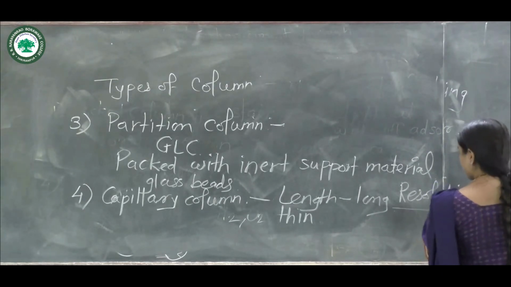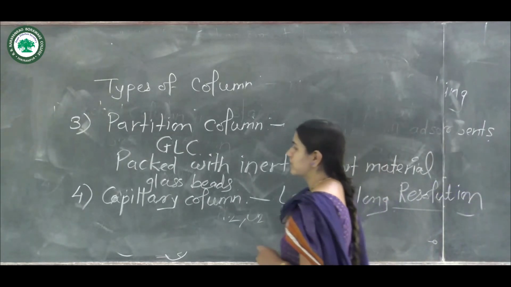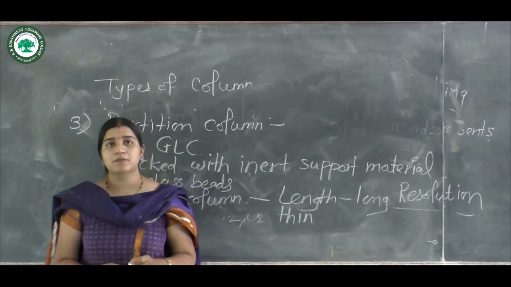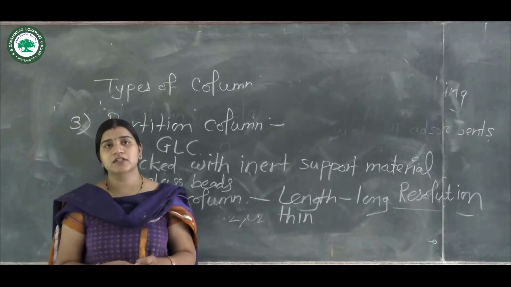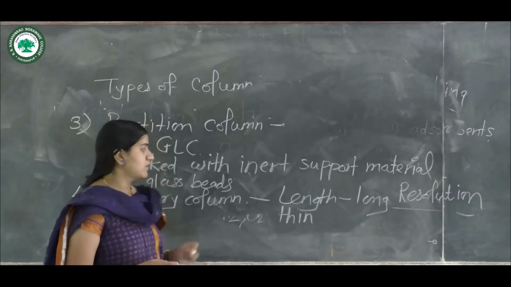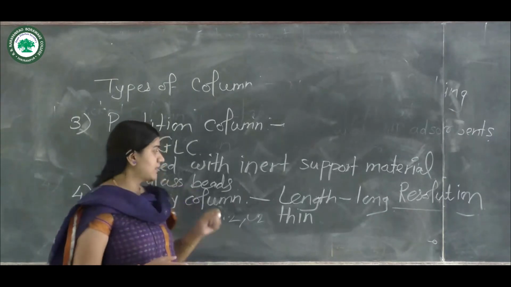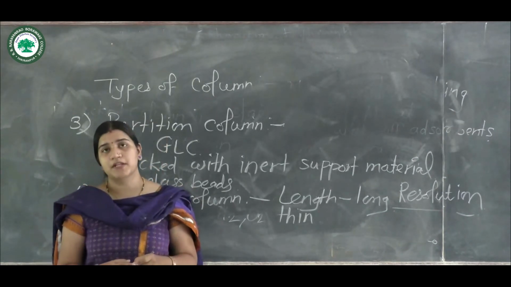Why do they result in good resolution? Because in order to increase the column efficiency, we have to increase the length of the column as well as decrease the diameter of the column, and this is achieved by using a capillary column.